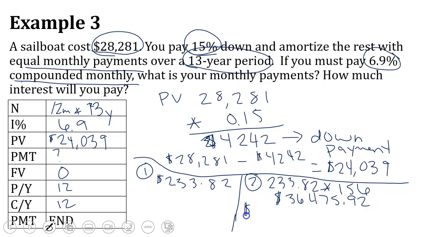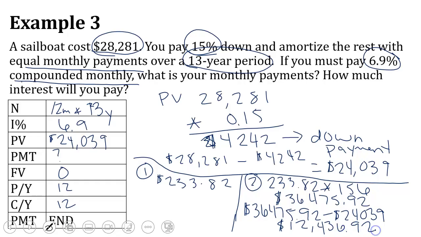And that is how much we paid total over the 13 years, minus the $24,000, because that's how much we originally borrowed. And so we paid an extra $12,436.92.